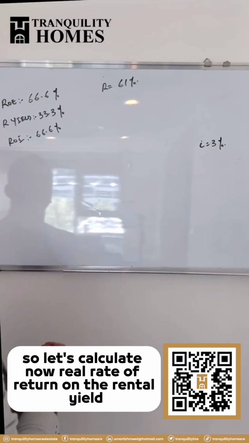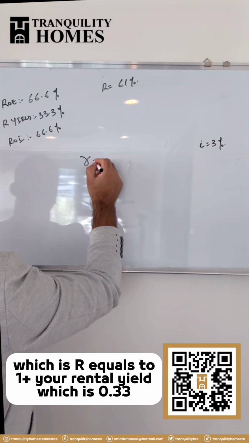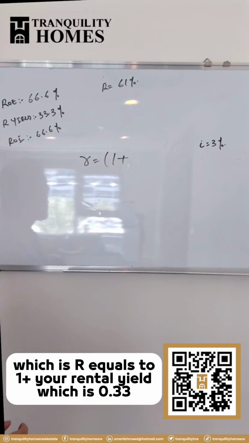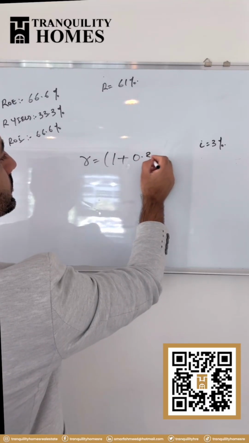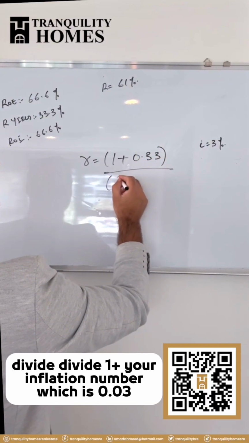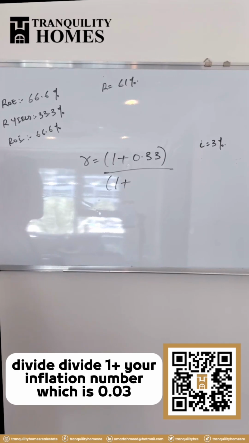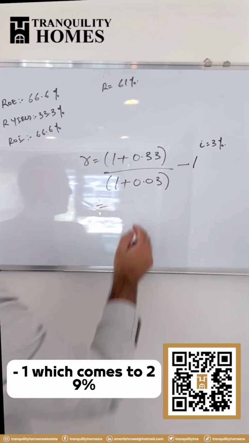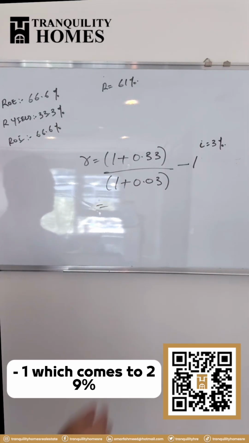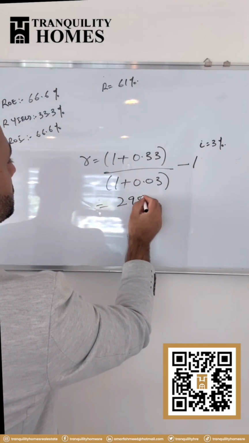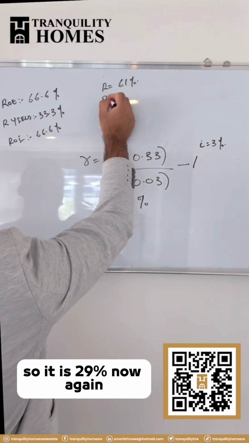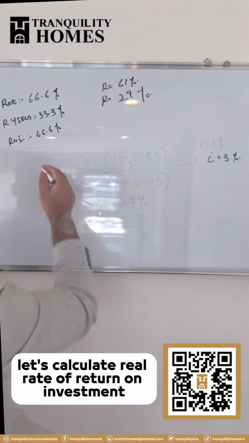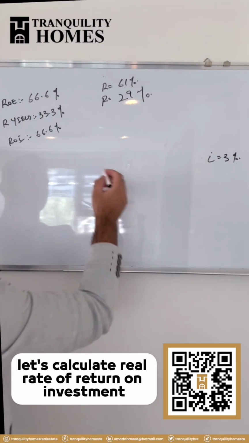Let's calculate now the real rate of return on the rental yield, which is R equals 1 plus your rental yield, which is 0.33, divided by 1 plus your inflation number, which is 0.03, minus 1, which comes to 29%. Now again, let's calculate the real rate of return on investment.